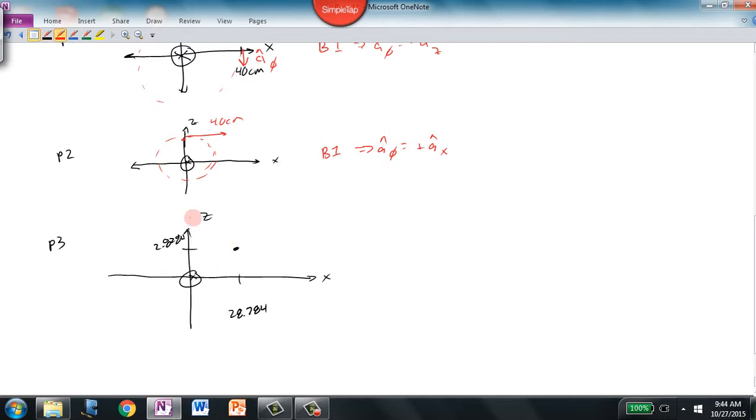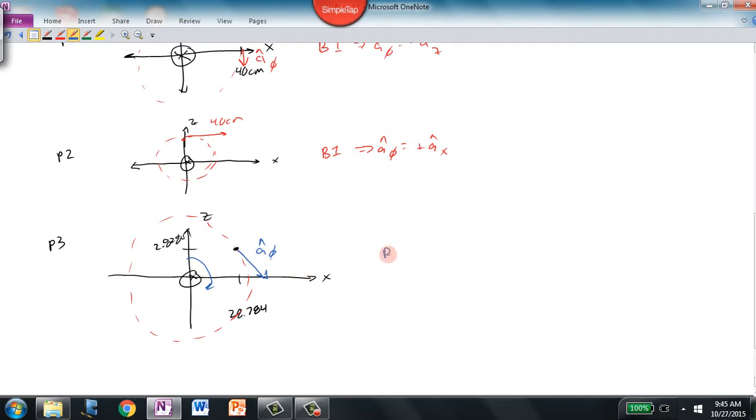If we were to draw that circle, again, I apologize for my terrible artistic talent, A hat phi, by the application of the right-hand rule, is going to kind of point in that direction right here. I've taken my thumb, pointed it into the screen, wrapped my fingers around the conductor in this direction, and I find that the tangent point, A hat phi, right here, is kind of pointing down and to the right.